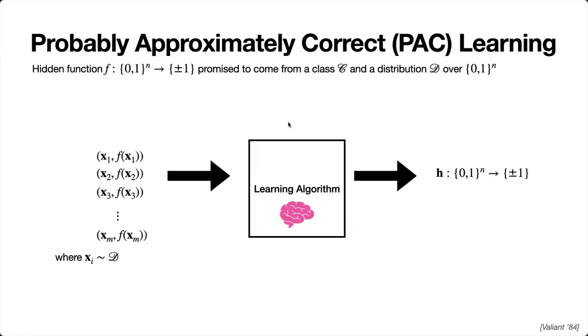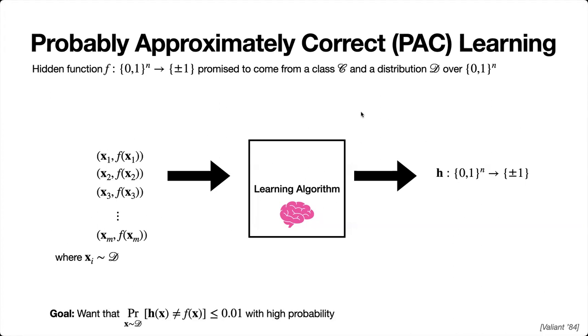There's also going to be a hidden distribution over the Boolean cube, so over the inputs. And the way that this model is going to work is that you're going to have a learning algorithm, whose input is going to get a bunch of labeled examples. So these examples are going to be drawn independently from the distribution D and labeled according to the hidden function f. These then are going to get fed into the learning algorithm, whose goal is to output a hypothesis.